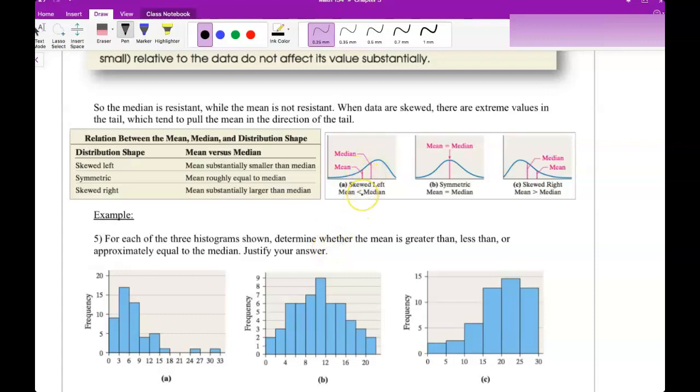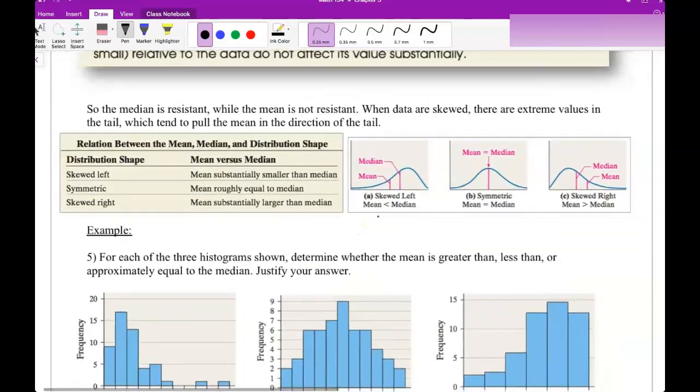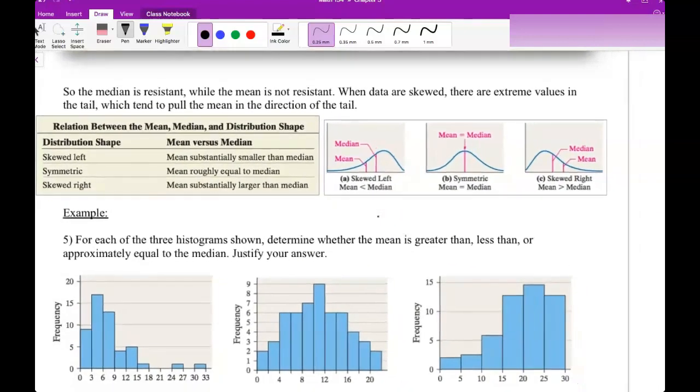Okay, here again we have symmetric, skewed left, and skewed right. Skewed left means the left tail is longer than what we have on the right. Symmetric is bell shaped, so mean is equal to median. Skewed right means the right tail is longer than what we have on the left.